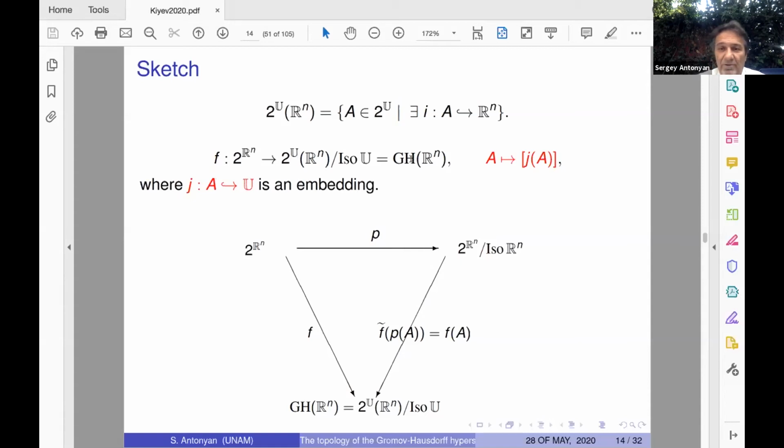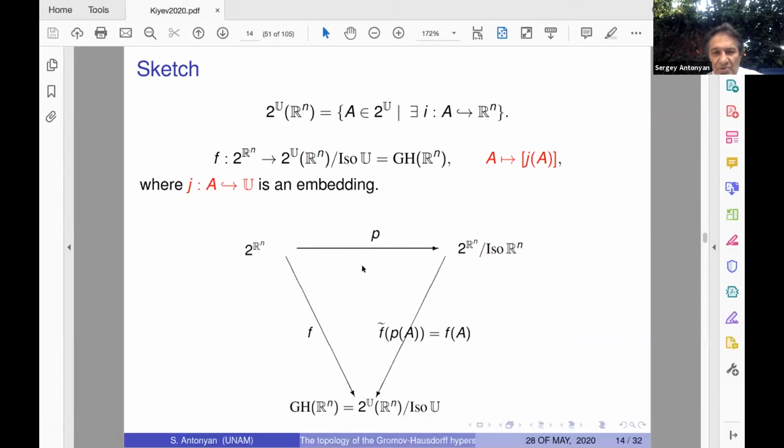Without these brackets, the definition would not be correct, but we have the brackets, which mean the isometric class. And Chuchunashvili's theorem helps to prove that F is well-defined. So J is not uniquely defined, but its isometric class is uniquely defined.